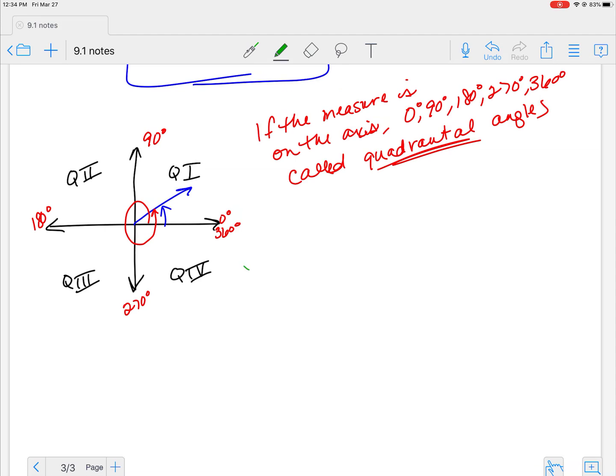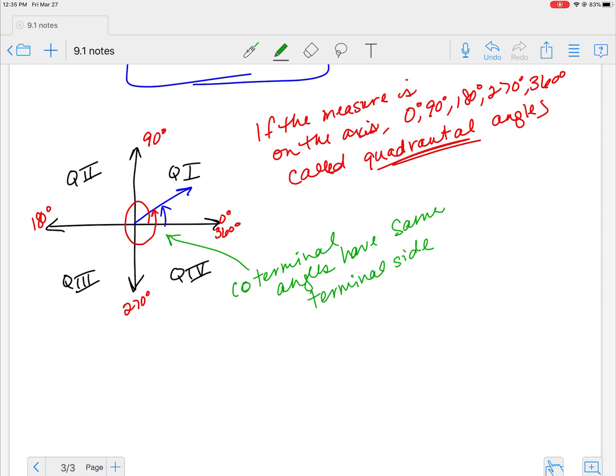Do you see what just happened? You can have coterminal angles as long as they have that same terminal side. These are considered coterminal angles, no dash.